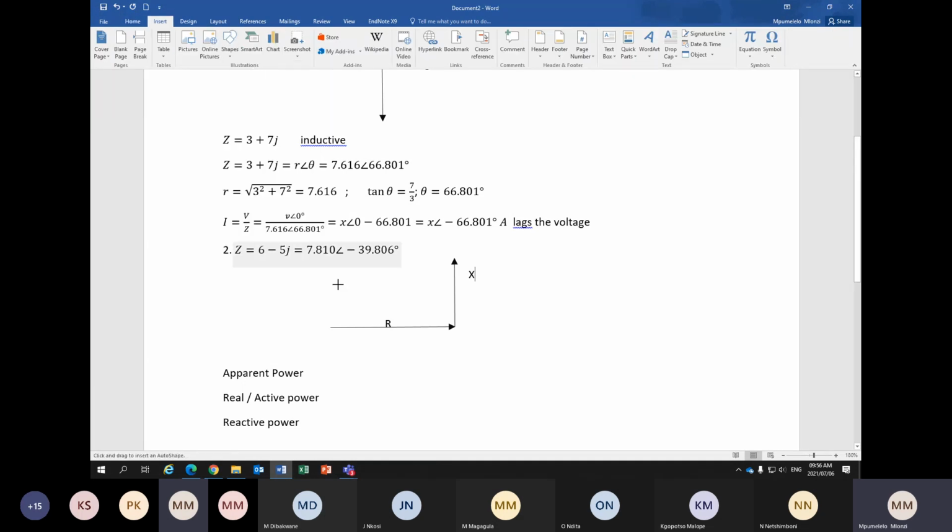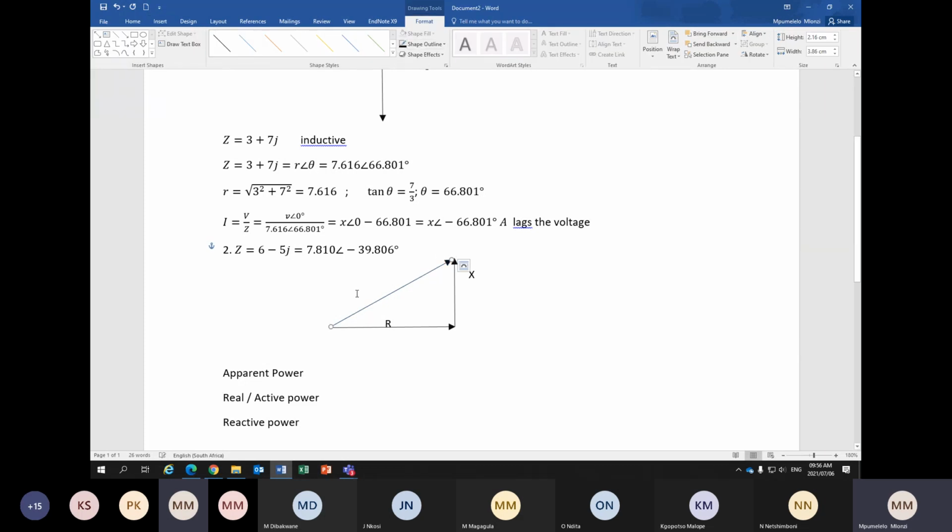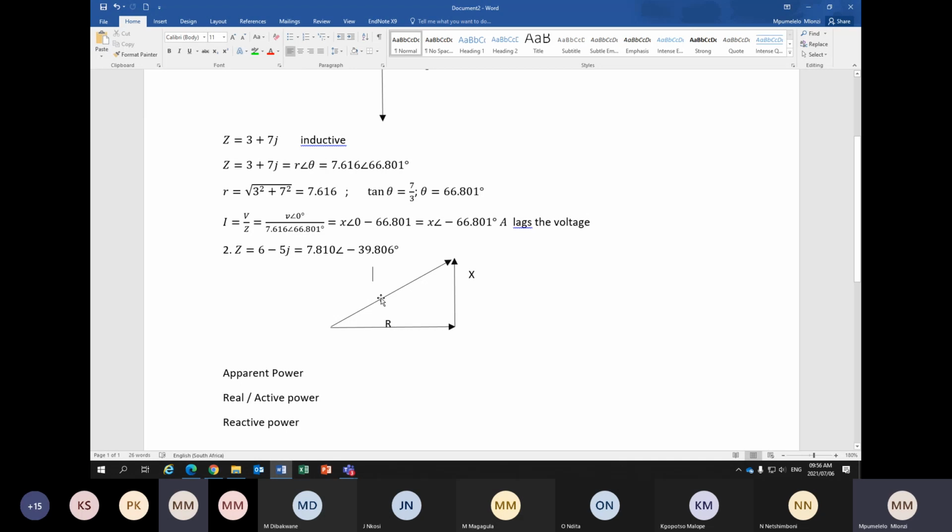And we have on our hypotenuse the Z. Having this, the angle can be calculated here. This is the angle which we calculated using tan theta, 66.801.